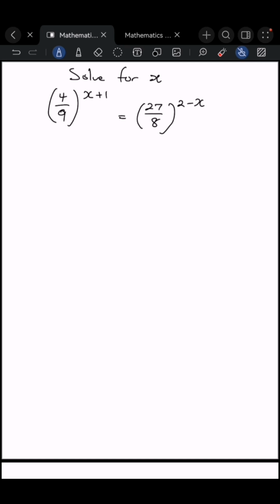So for x, we have 4 over 9, all raised to the power of x plus 1 is equal to 27 over 8, all raised to the power of 2 minus 8.